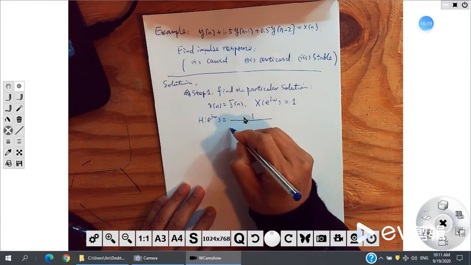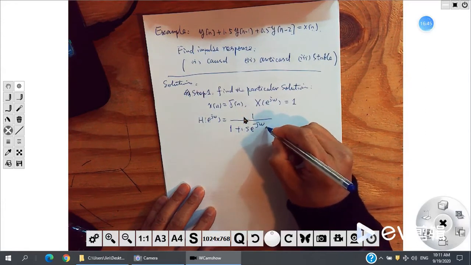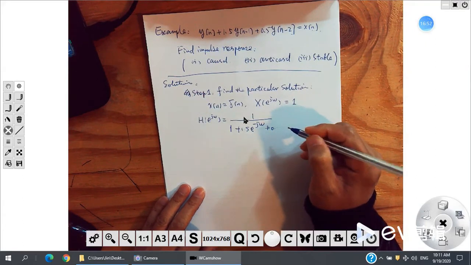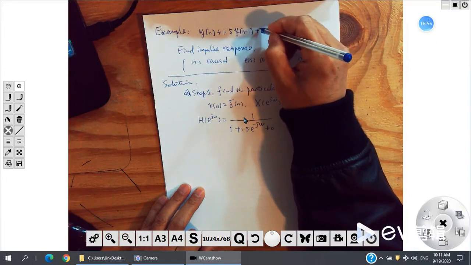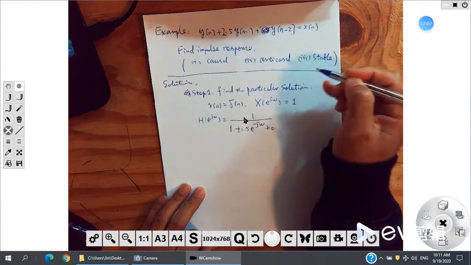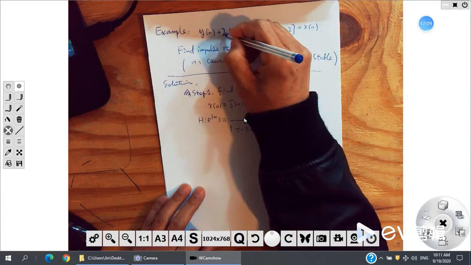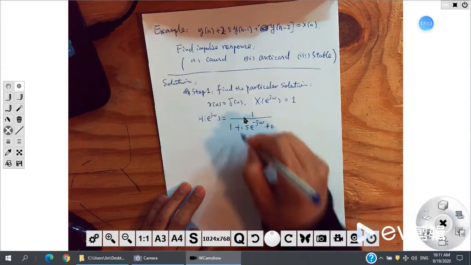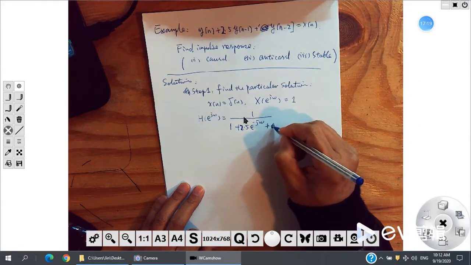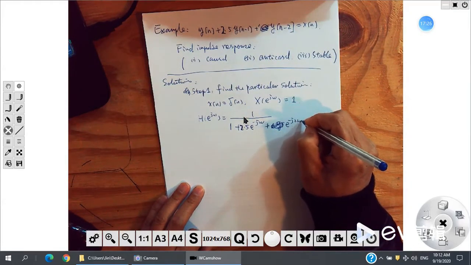And on the y side I have 1 plus 2.5 e to the negative j omega plus 0.5, shifted by 2, so e to the negative j2 omega. Sorry, I made some change. Alright, we have this.